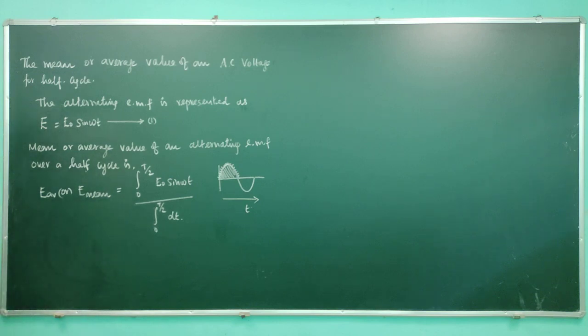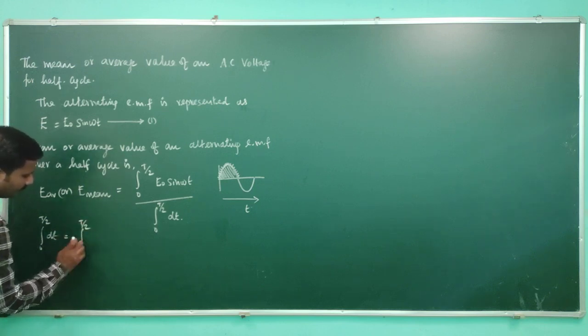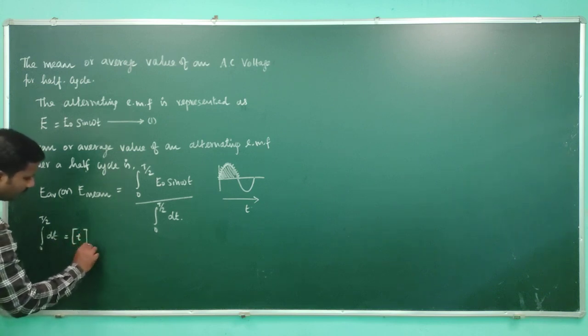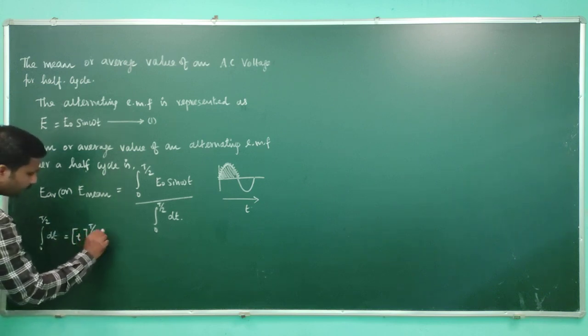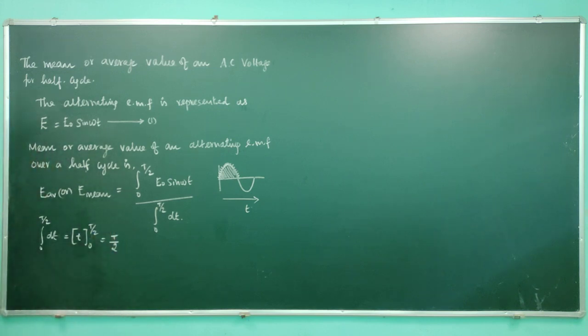Fine. Now what is the denominator? Integral of 0 to T by 2 into dt, which is nothing but T by 2.